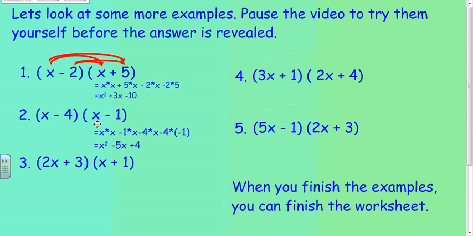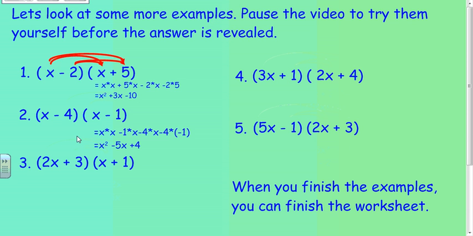Here's the next one. Pause before the answer is showing. So pause, try it, and check and compare your answer. When we multiply first, outside, inside, and last, our result will be x times x for first, negative 1 times x for outside, negative 4 times x for inside, and negative 4 times negative 1 for last.